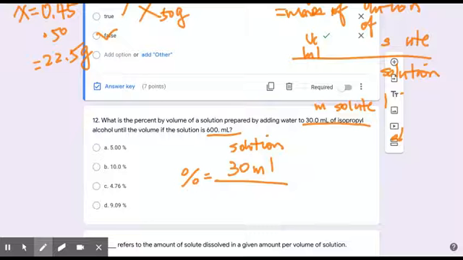So volume of solute is 30 ml, and then volume of solution is 600 ml, times 100%.